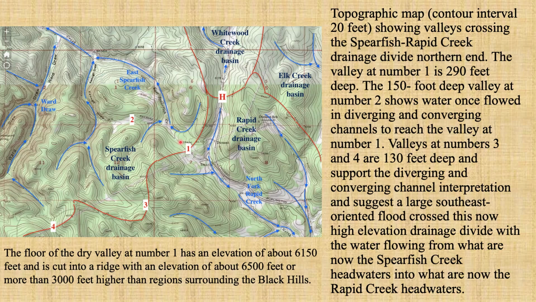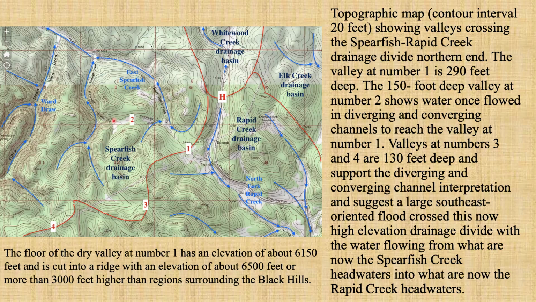In fact, all areas to the northwest of the Black Hills are at least 3,000 feet lower than the area that we're looking at here. Now, number two here is not across the drainage divide, the Spearfish Creek Rapid Creek drainage divide.